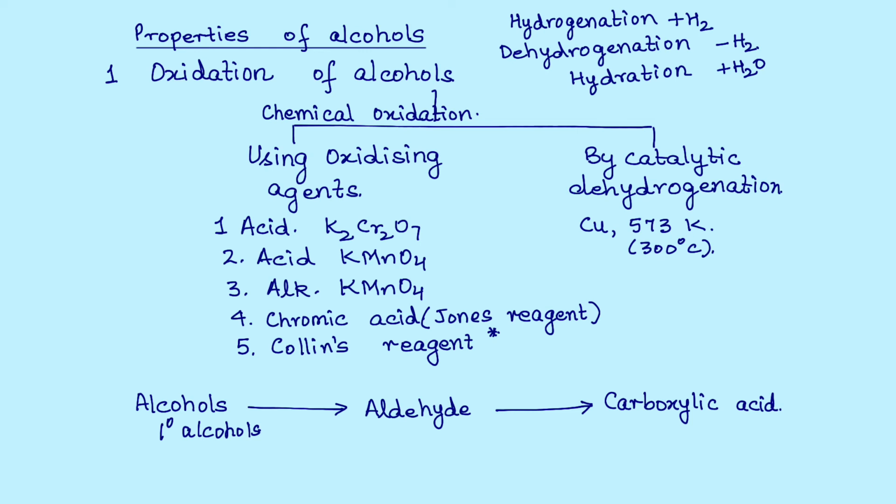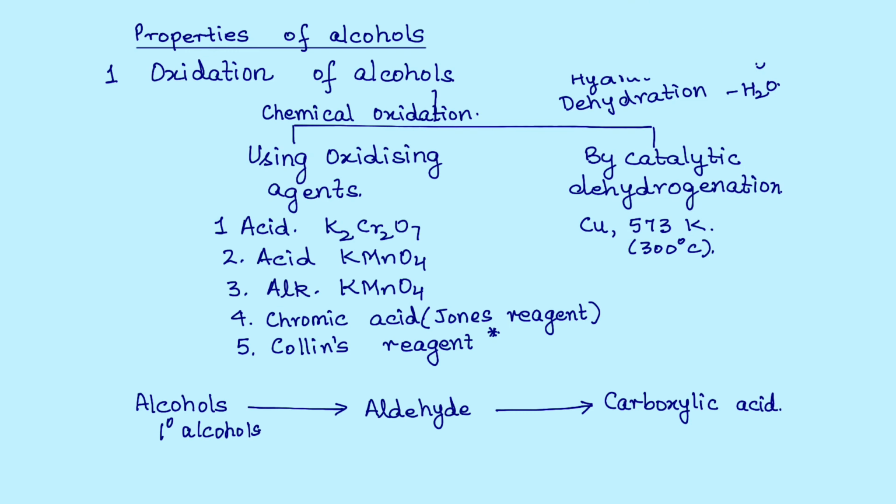Water is getting added. So what would be dehydration? That means there will be a removal of water, right? So here, back to the topic, we are going to do dehydrogenation. That means a removal of hydrogen from the alcohols using the catalyst copper at a temperature of around 300 degrees Celsius or 573 Kelvin.